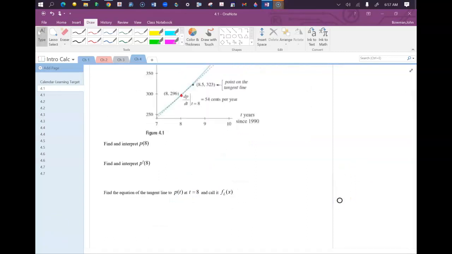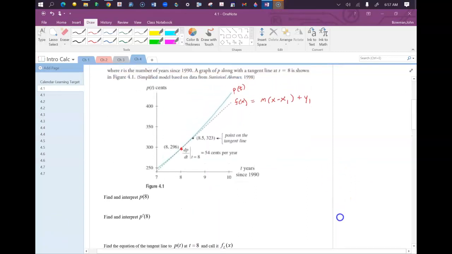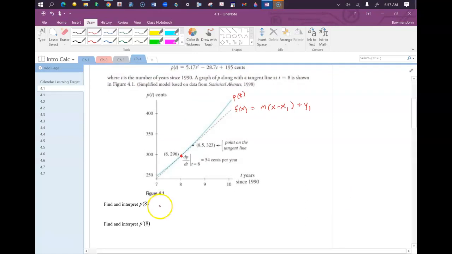So let's add a little context to this. Find and interpret P of 8. P of 8, if you plug in 8, is equal to 296, and you can verify that yourself.